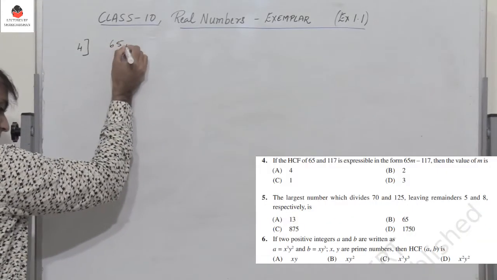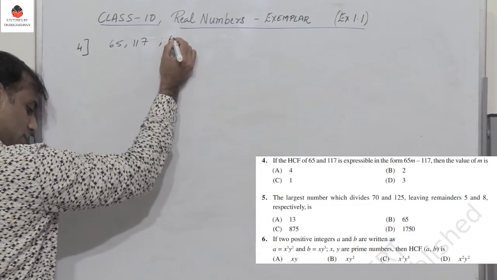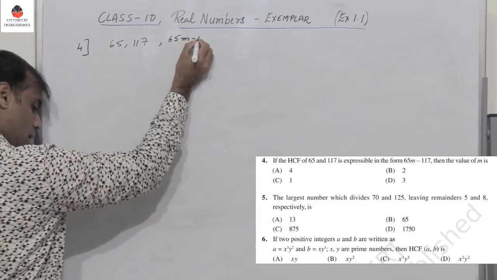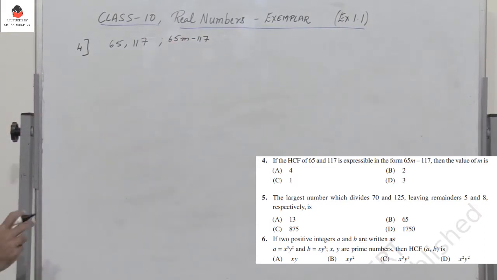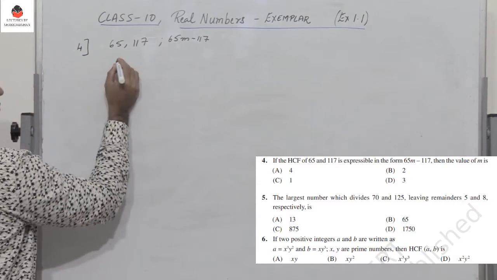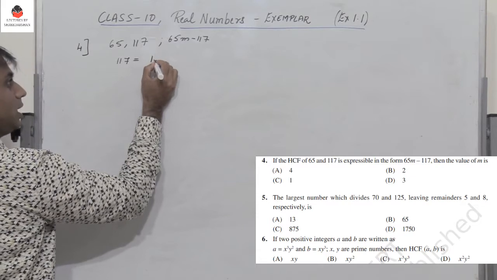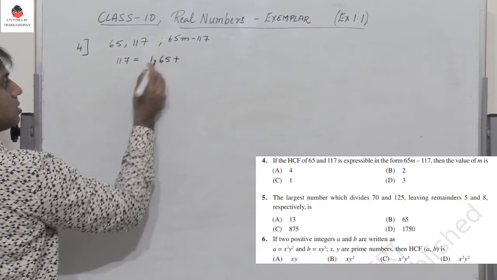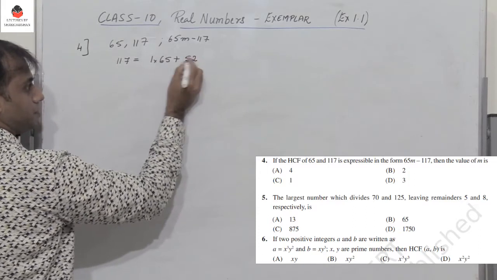If the HCF of 65 and 117 can be expressed in the form 65m minus 117. So we need to find the value of m. Okay, so now let me try to express 117 in terms of 65. So we know that 117 equals 1 into 65 plus, 117 minus 65 will give me 52.